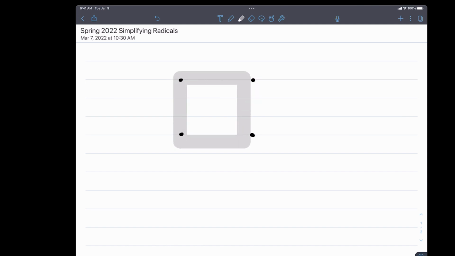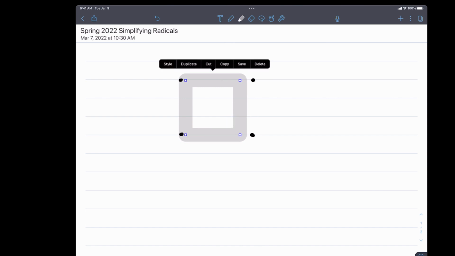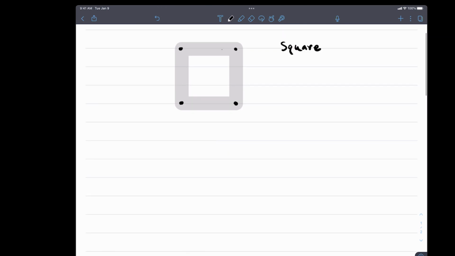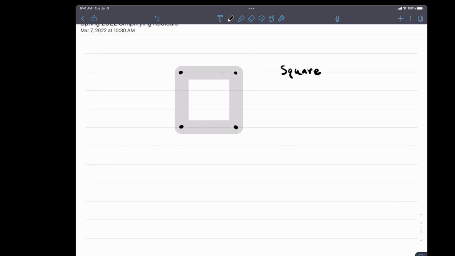That's supposed to be a square. Okay. This is a square. You guys okay with that? And then I'm going to say to you something like this, right? So the distance from each dot to each dot is 1 unit long, 1 unit.